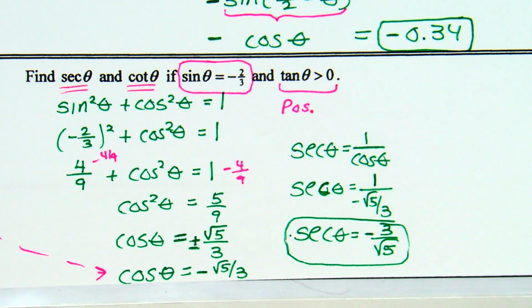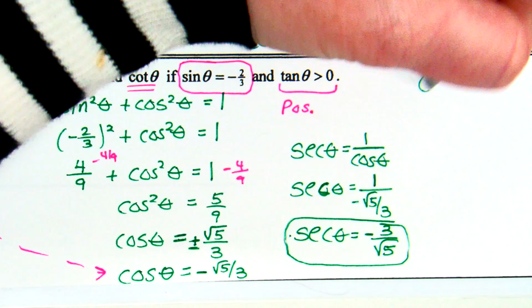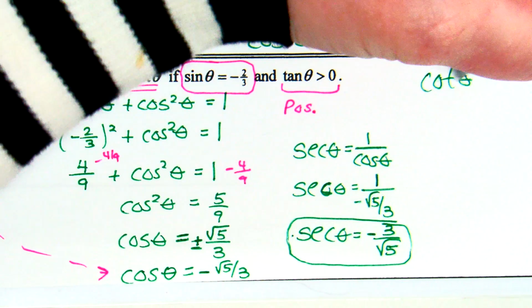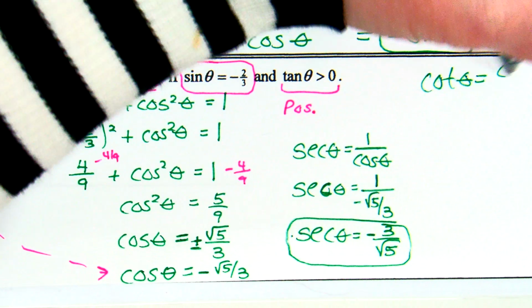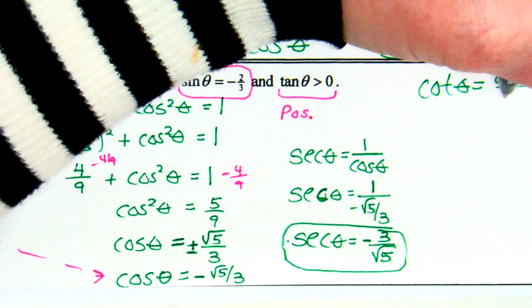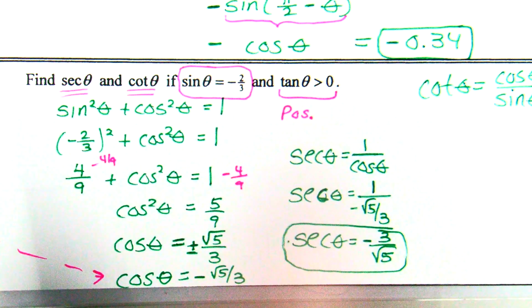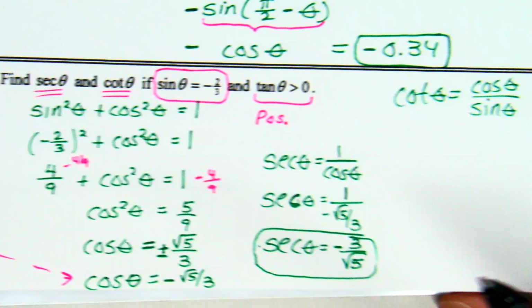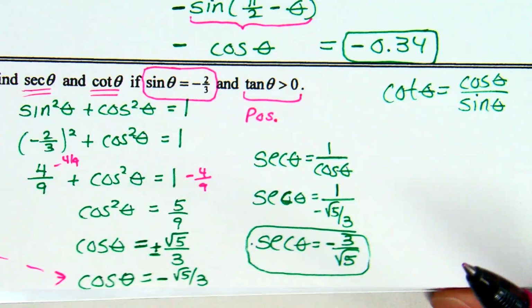What's the preference there? Quotient? So since I'm being asked to find cotangent, the best thing to do would be to say cotangent theta is cosine over sine. And I'm writing those out because I want people, when they look at my notes, to be able to see where things came from.